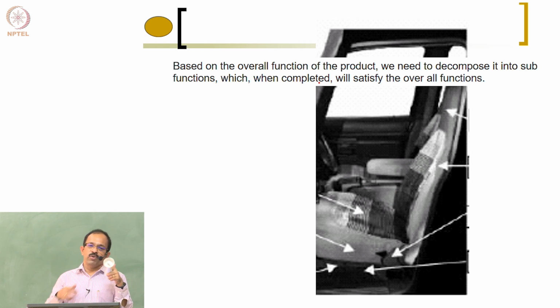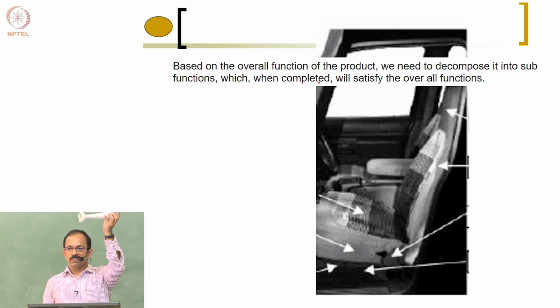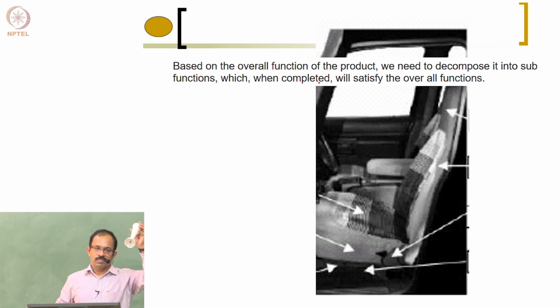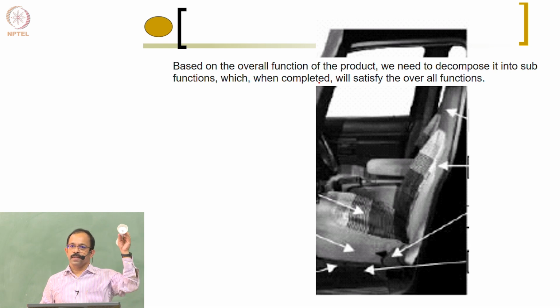Okay, it provides you access to the narrow jars. Then anything else very obvious? What is another function of this shaft? Who is holding the blade? The shaft, right? So the shaft has multiple functions. It transmits the torque, provides an elongation so that you can go into narrow jars, and it holds the blade also.